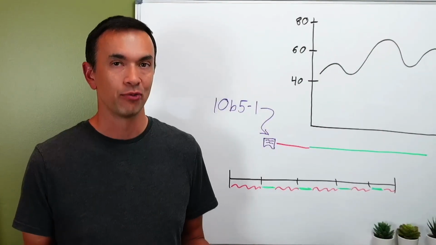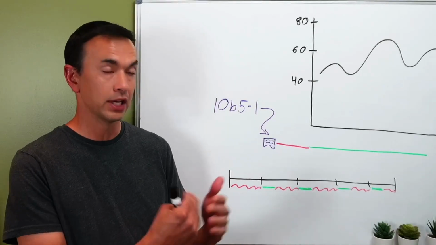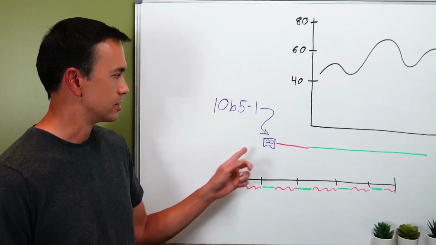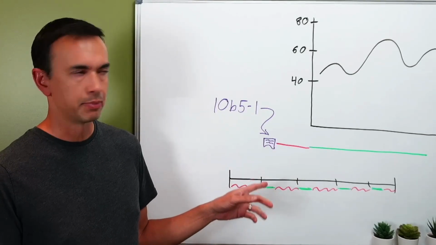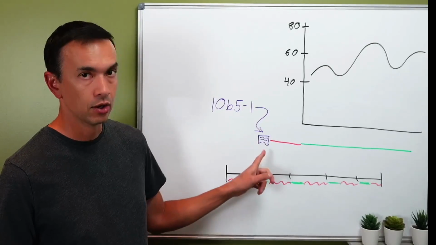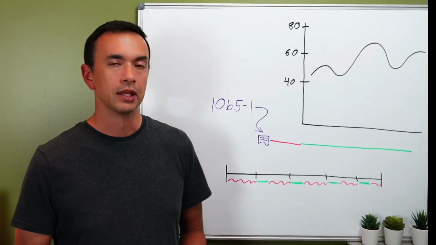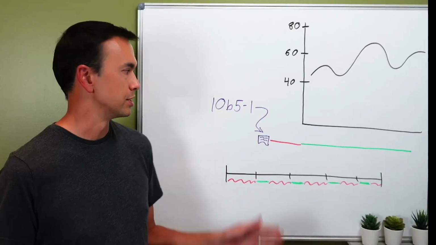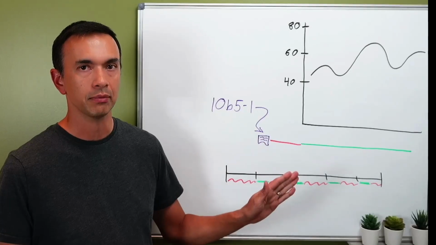So what a 10b5-1 plan is, it's essentially just a written game plan of how you plan on trading your company stock. A couple of things about it: you can only put the 10b5-1 in place in an open trading window. You also have to attest that you don't have any sort of insider information whenever you are putting the plan in place.